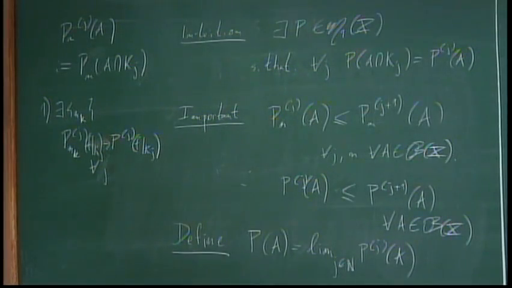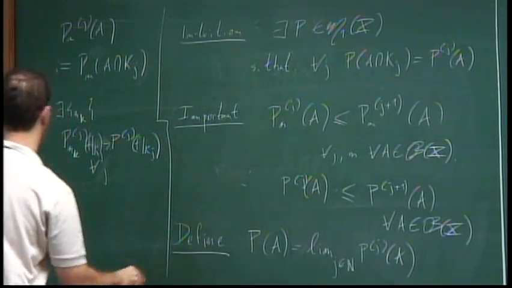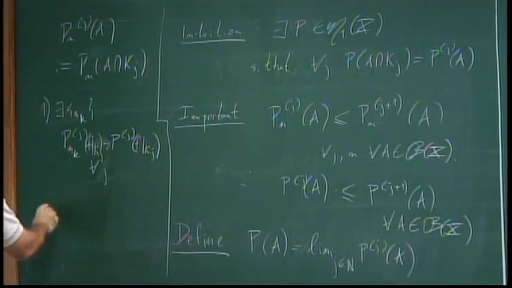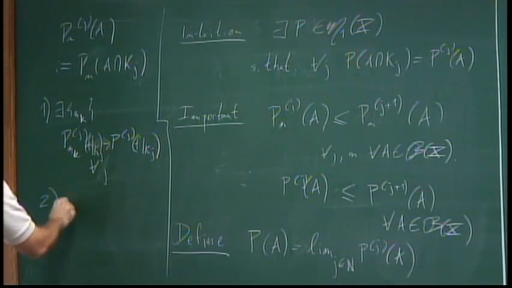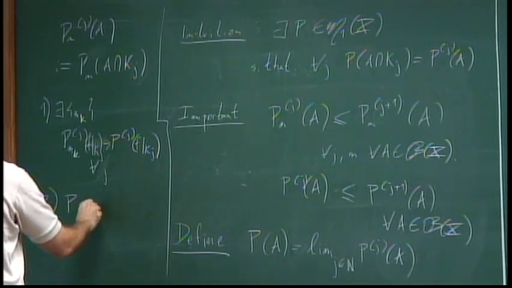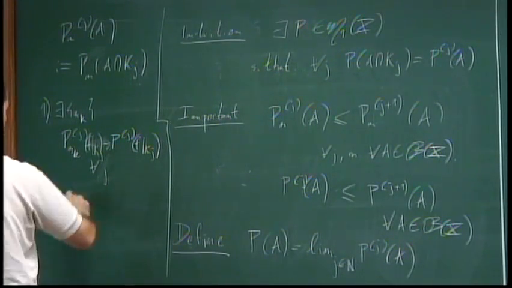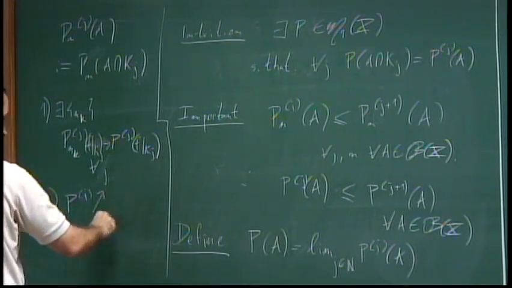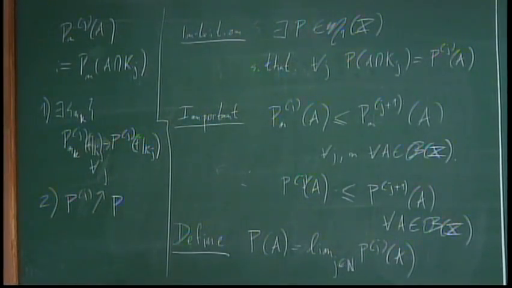And then we argued that P_j converges from below to a measure P, in the sense that P_j of A converges from below to P of A, and P of A defines a probability measure.